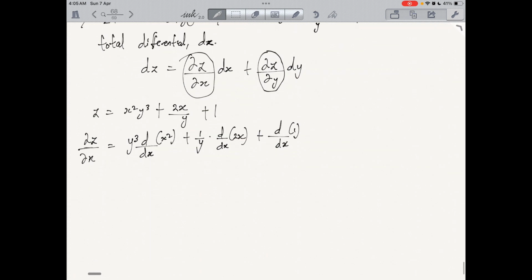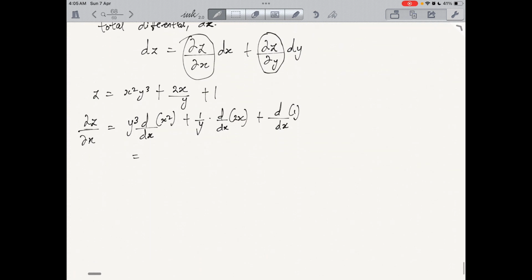And in essence, we have this to be y cubed multiplied by 2x plus 1 over y multiplied by 2 plus 0. And this will give us 2xy cubed plus 2 over y. Likewise, we have for dz dy.